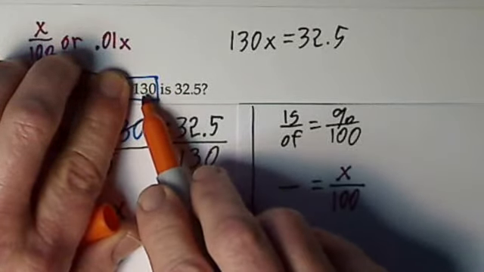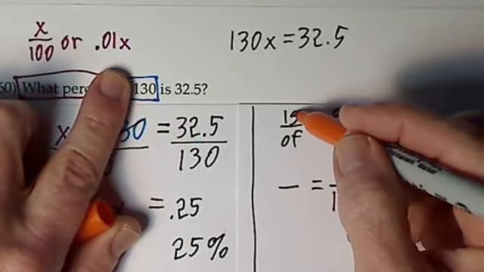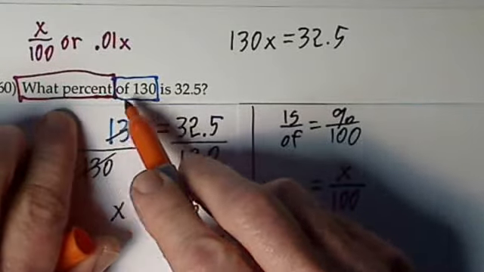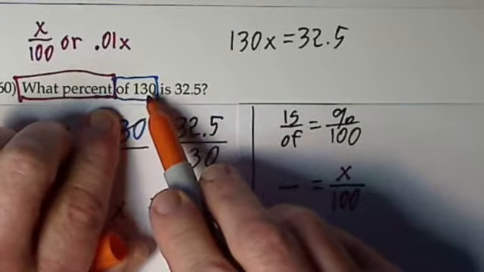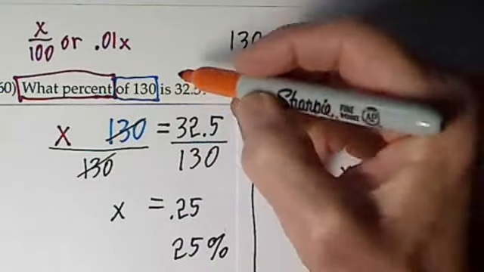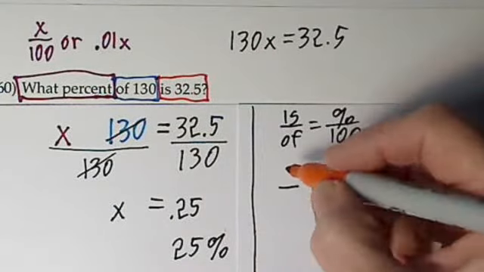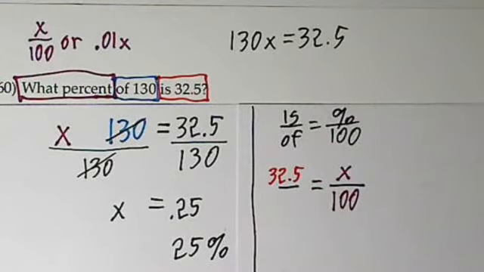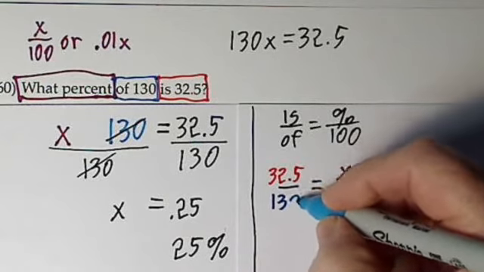But if I pick 130 as the number to go up here, corresponding to is, the word of won't have a number next to it. So by process of elimination, of is teamed up with the 130, and is is linked to the 32.5. So for of, we have our 130.